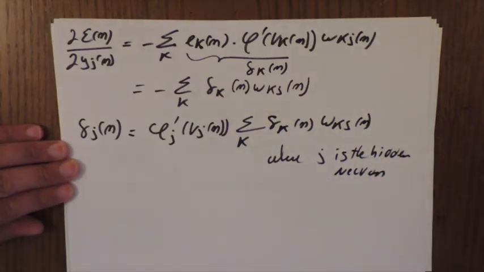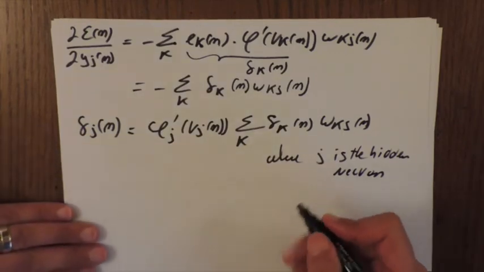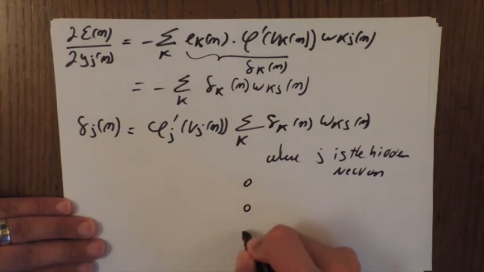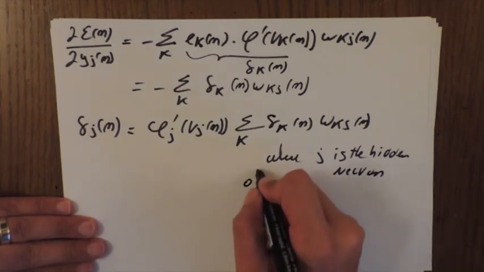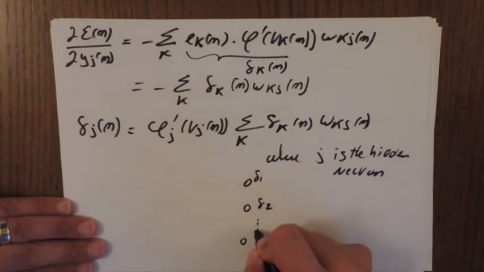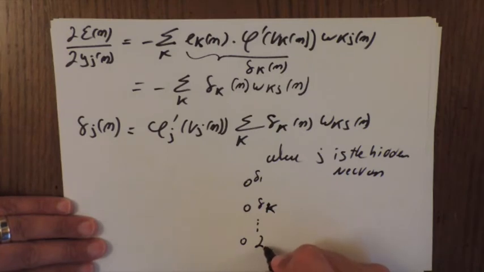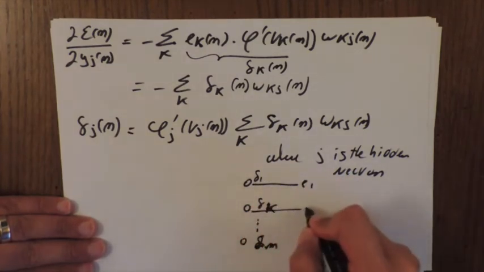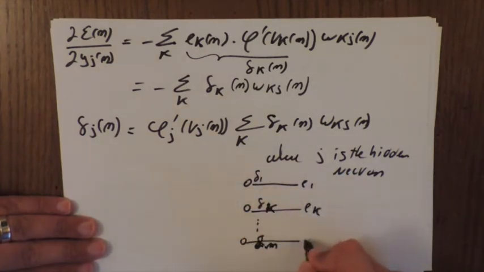Now, if I want to describe it better, let's say these are the output neurons. So we have delta 1, delta 2, all the way to delta k, delta m. Each one has error 1, error k, and error m.